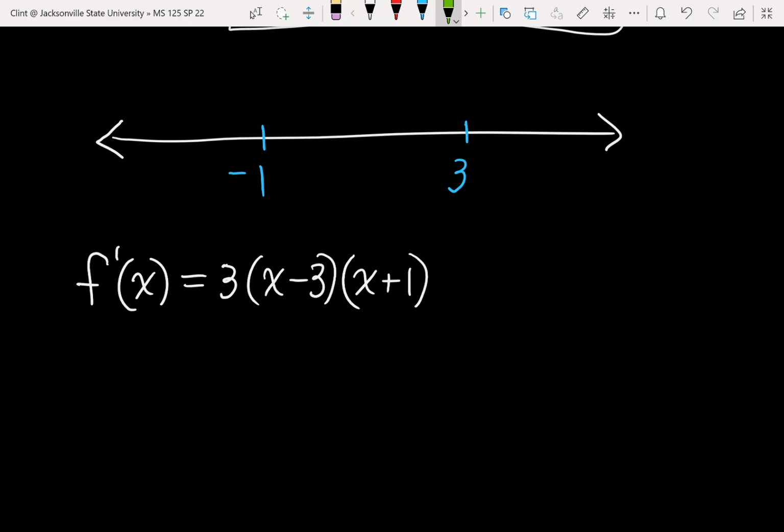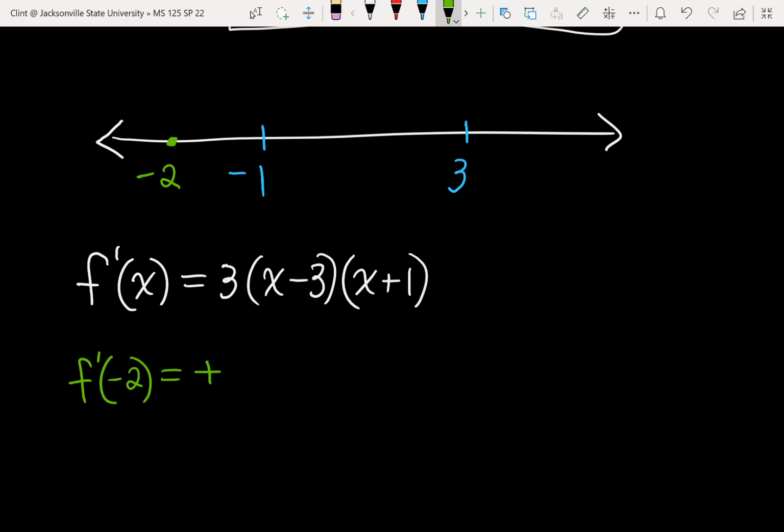Let's do a different color here. So we'll use -2. If I'm finding f prime of -2, I really don't care what the number is, I just care what the sign is. So 3 is going to be positive, always.